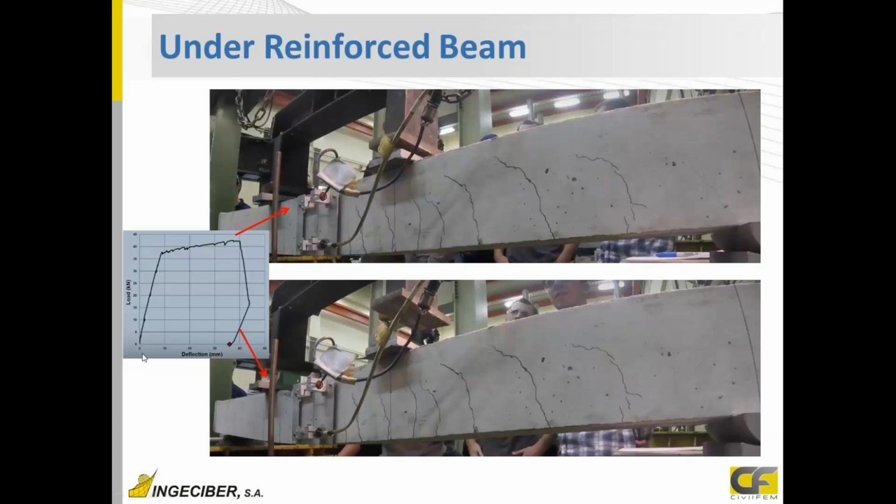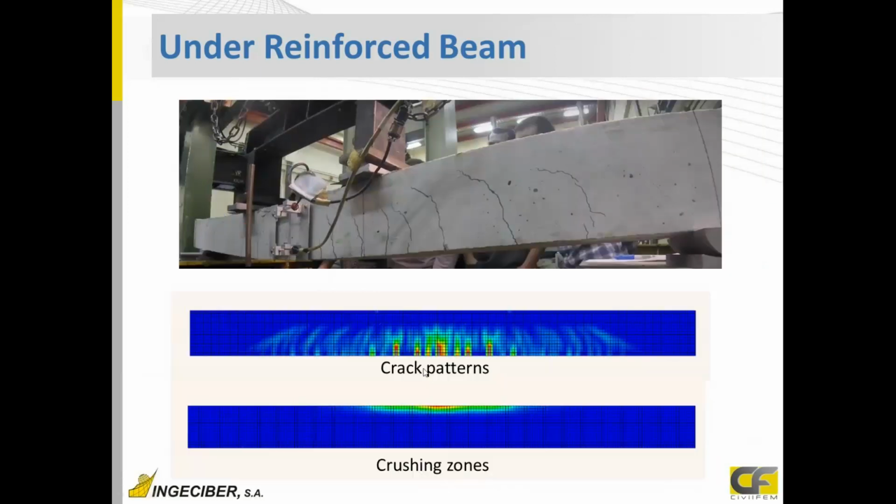So we have first cracks, yielding in the reinforcement, and this is under-reinforced. It means it is yielding and getting high values. If we compare, we have crack patterns that are very similar, vertical, mainly in the center and not much shear, and also crushing zones in the center, similar to the ones we get.